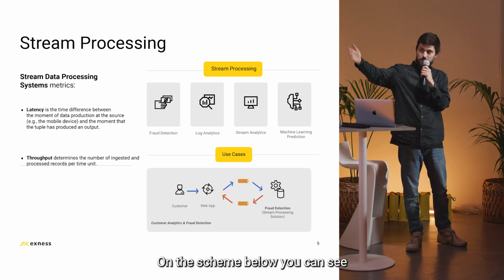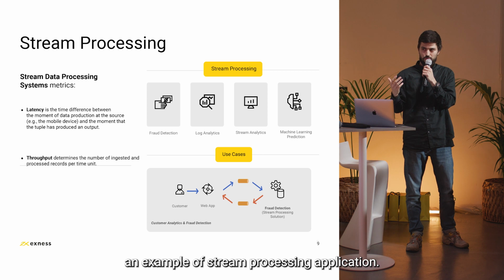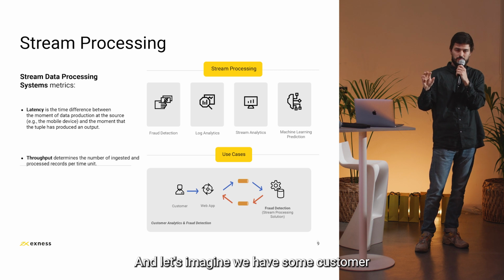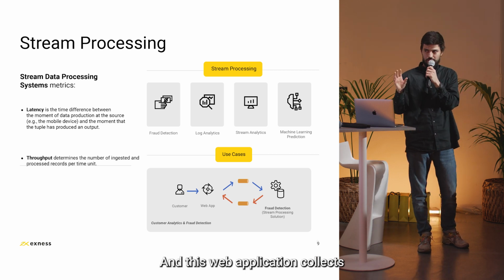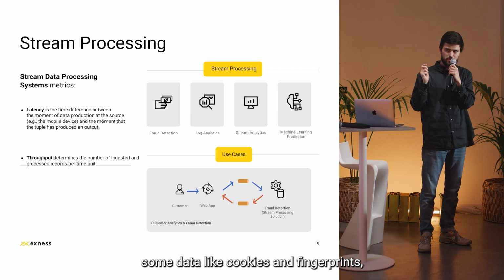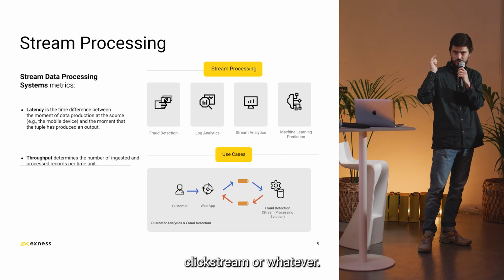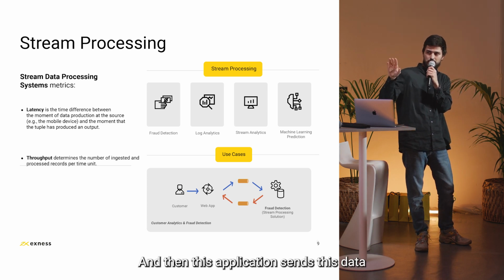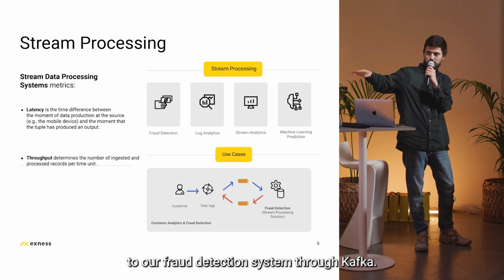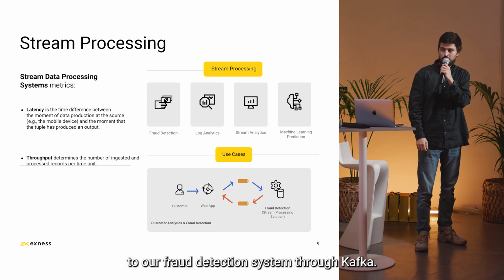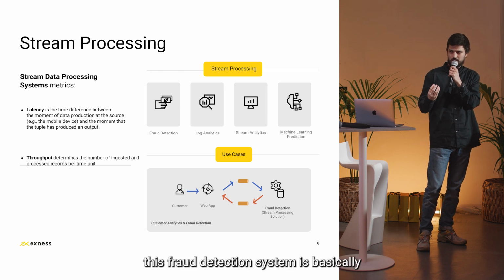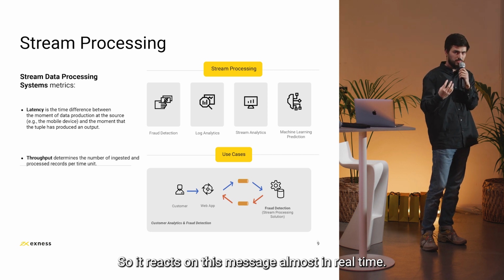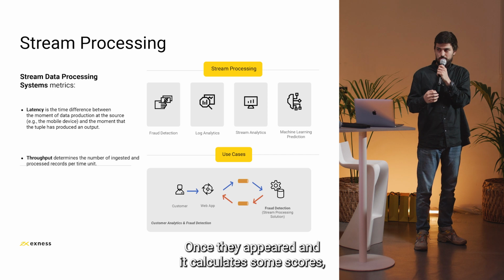On the schema below, you can see an example of a stream processing application. Let's imagine we have some customer, and they use our web application. This web application collects some data like cookies, fingerprints, clickstream, or whatever, some information about our customer. Then this application sends this data to our fraud detection system through Kafka. This fraud detection system is basically some stream processing solution, so it reacts on these messages almost in real time once they appear.